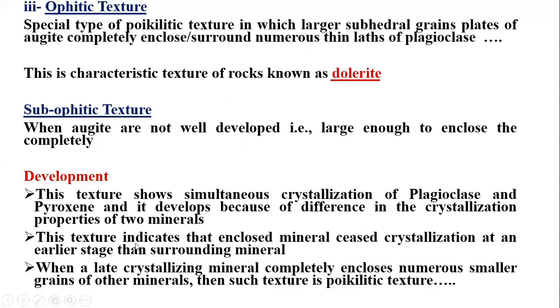This texture indicates that the enclosed mineral ceases crystallization at an earlier stage than the surrounding mineral. When a late crystallizing mineral completely encloses numerous smaller grains of other minerals, then such texture is poikilitic texture. Ophitic texture indicates that the enclosed mineral has stopped crystallization earlier than the surrounding mineral.